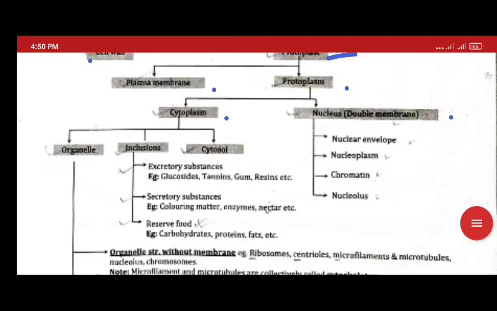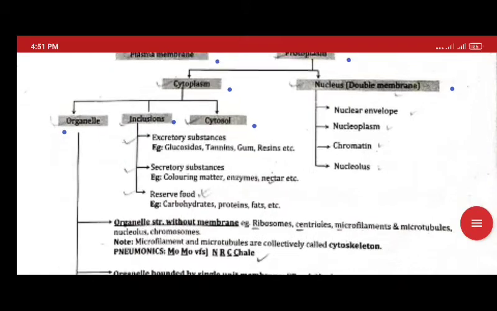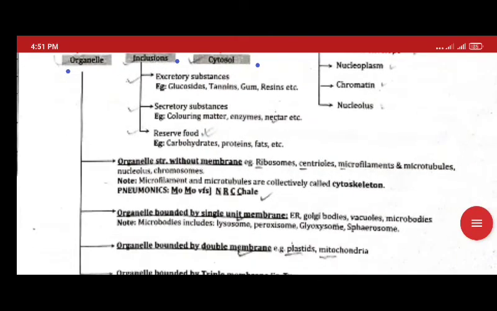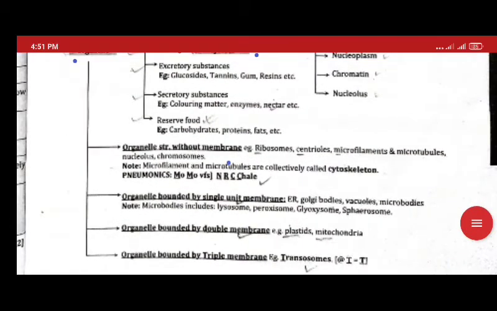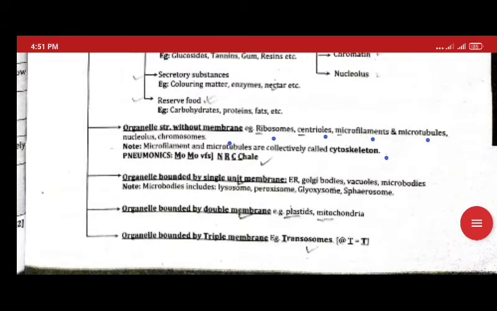So cytoplasm contains organelles, inclusions and cytosol. So first is what? Organelle. So organelles without membrane, without cover, are ribosomes, centrioles, microfilaments and microtubules. And microfilaments and microtubules are called cytoskeleton.